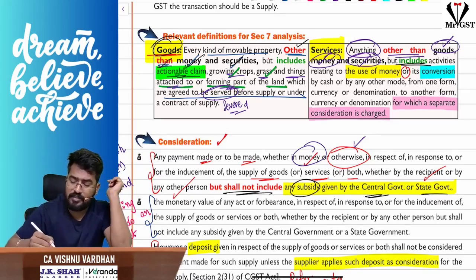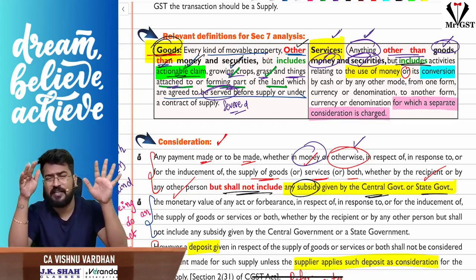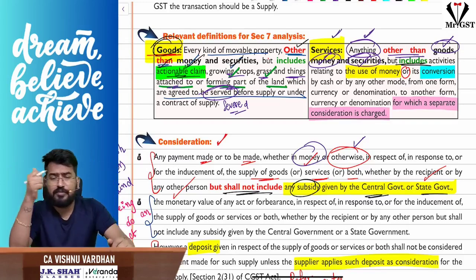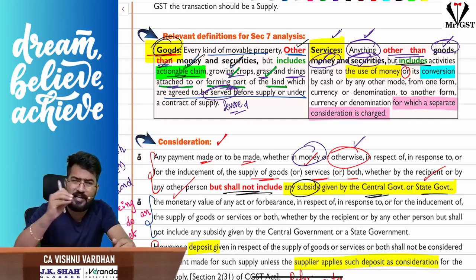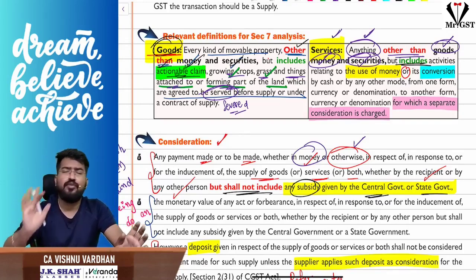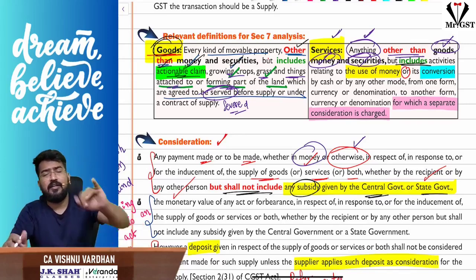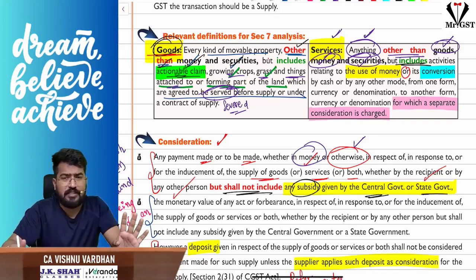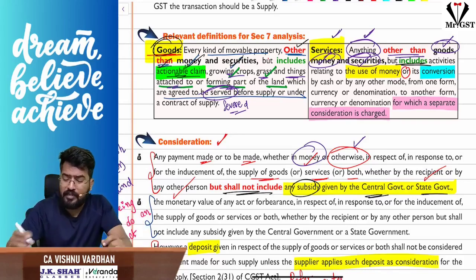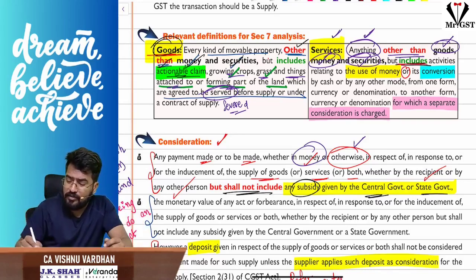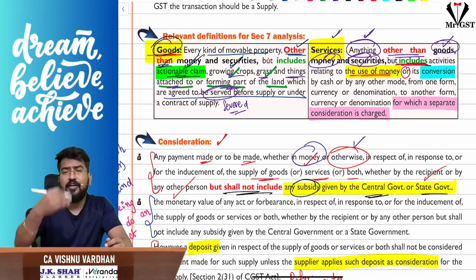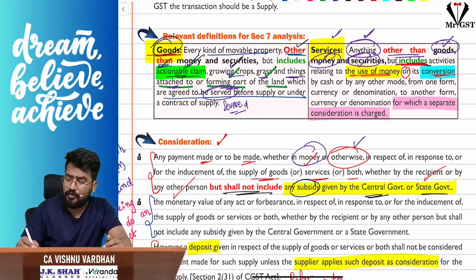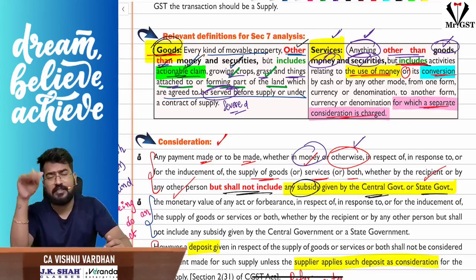Next, the service definition. Service means anything other than goods, money and securities. That means if it is already classifiable under the goods definition, don't call it service. Money and securities are neither goods nor services, so no GST. One interesting point: activities where you allow somebody to use your money, or convert money from one form to another, for which a separate consideration is charged, are also service.